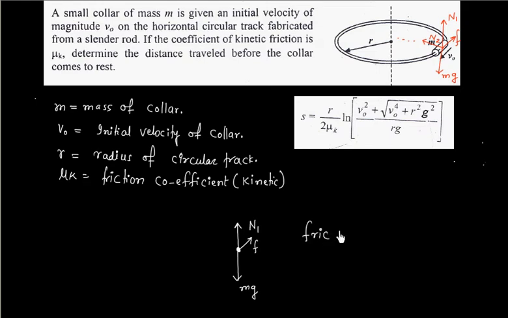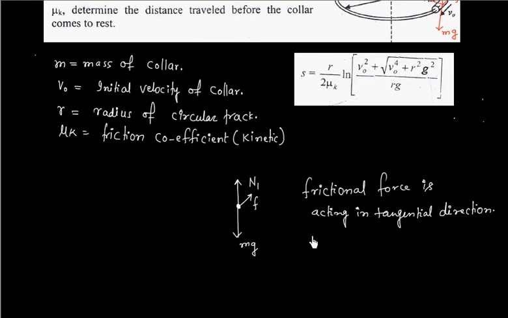So friction is acting in tangential direction, and friction force is opposing the motion. So this is basically producing retardation. So F is producing retardation.